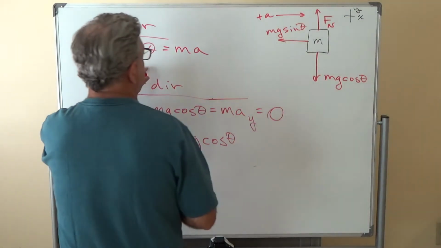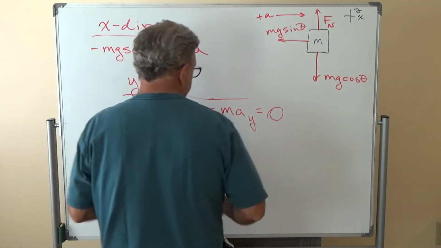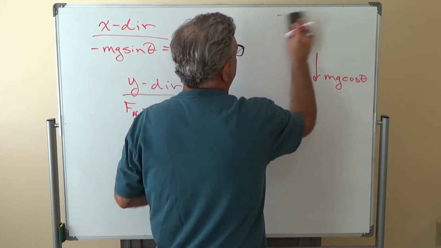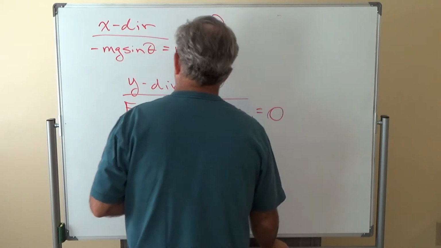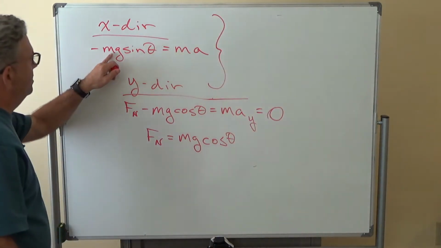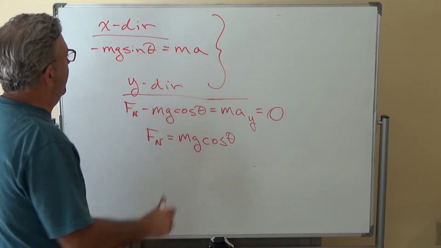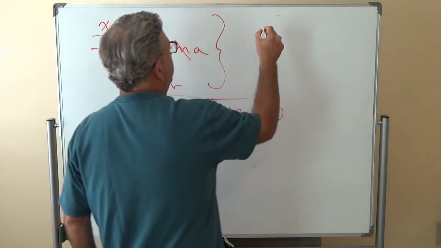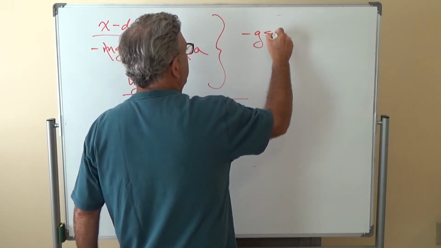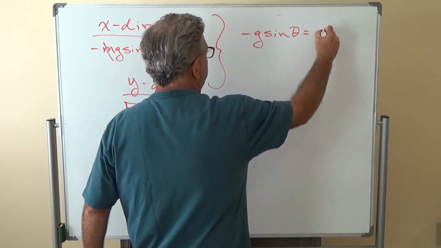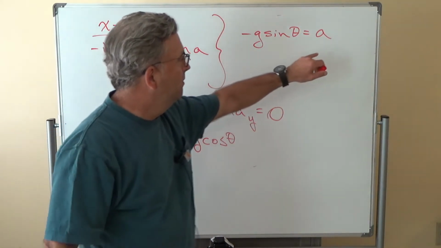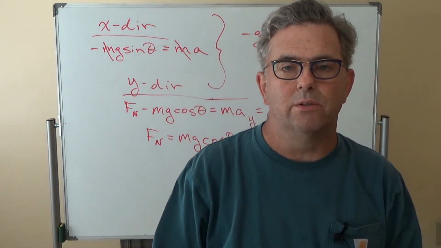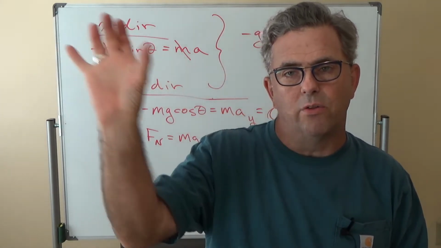In the x direction, we have minus mg sine theta is equal to ma. The m's cancel, and it says negative g sine theta is equal to a. And you may think of this as ax. I just call it the acceleration parallel to the incline. That's along the incline.